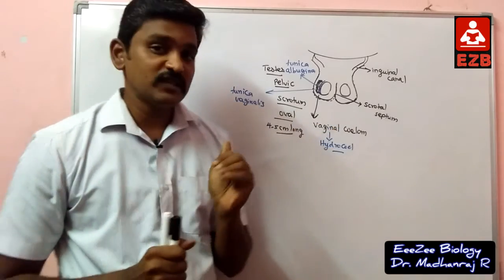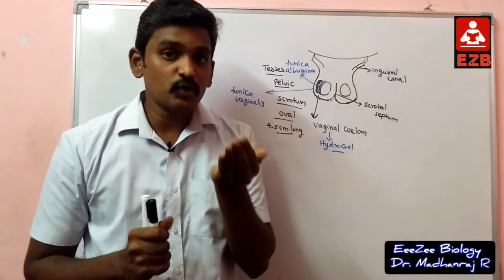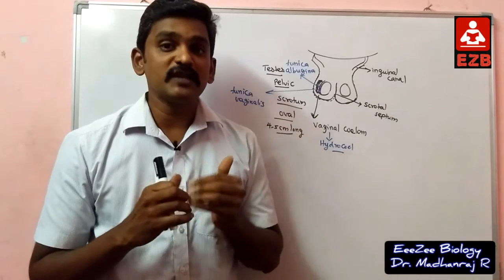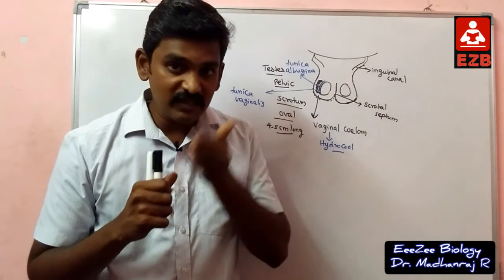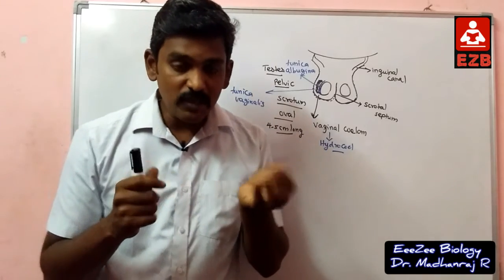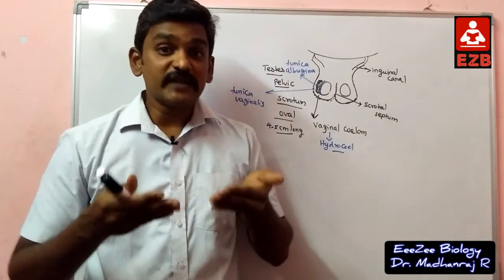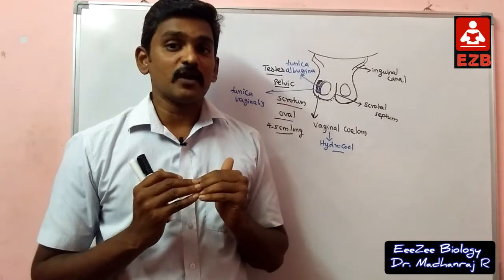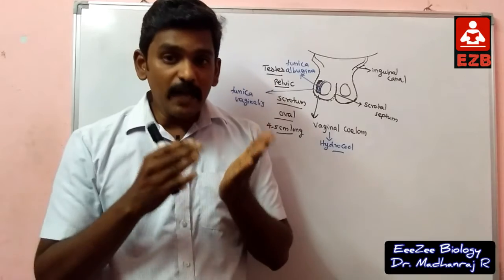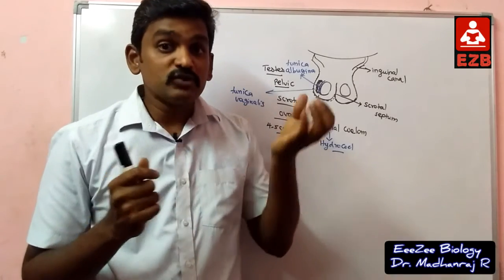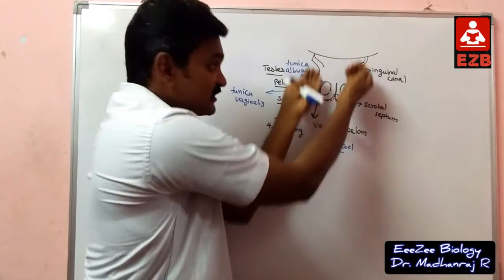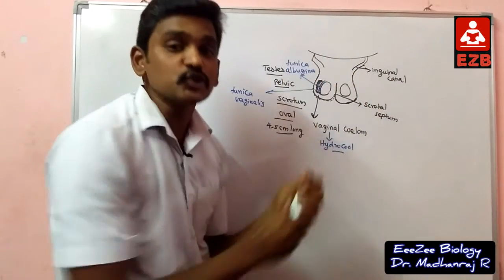And apart from this, what is the necessity to keep these testes outside the abdominal cavity? Actually, during embryonic development only, they will be descending down. During the initial stages of development, the testes will be present inside the abdomen only, and only an empty scrotal bag will be present outside. During the embryonic development, these testes will descend from the abdomen, come down and settle in the scrotal bag.